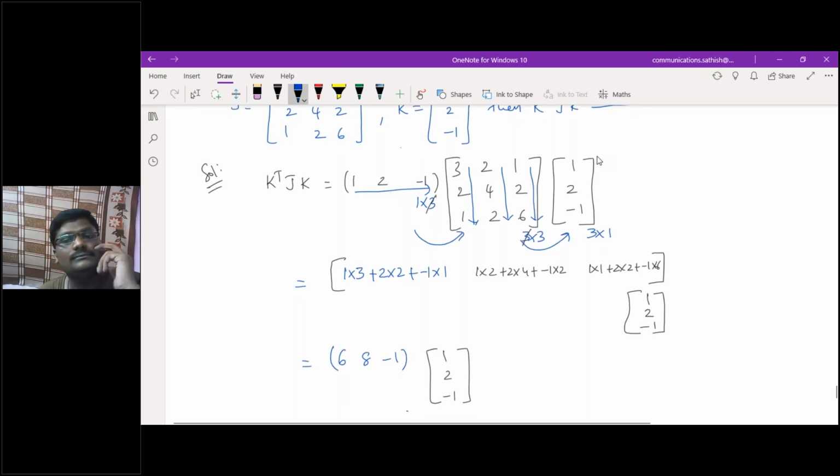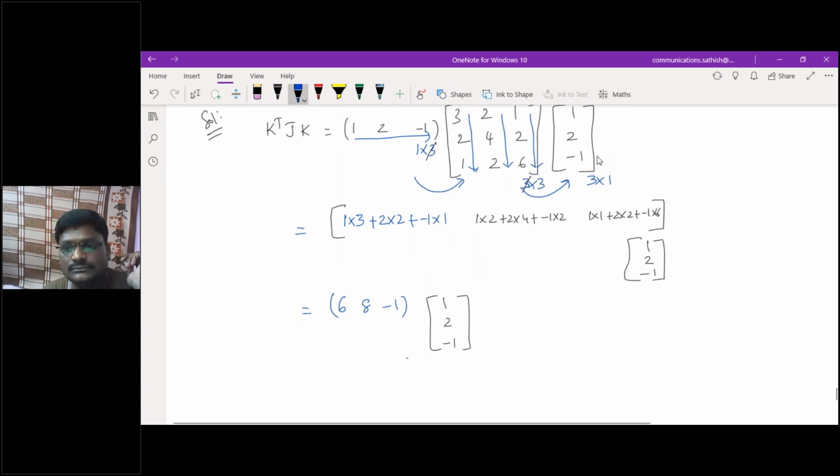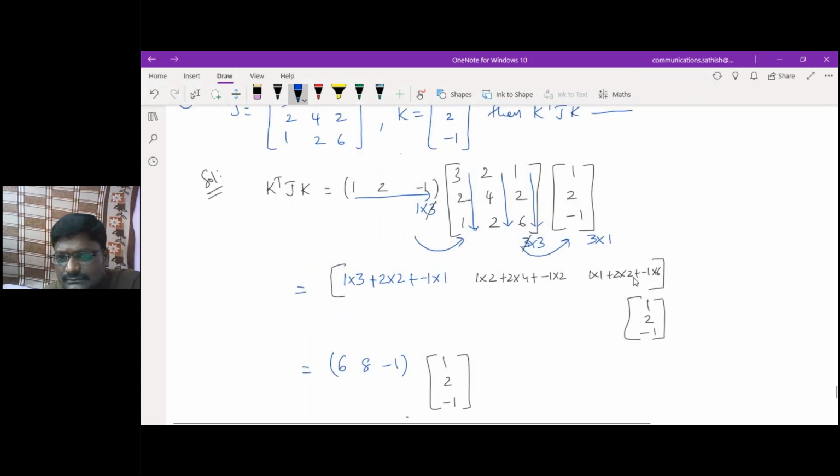Minus 9, sir. Sir, minus 9, not minus 1. Minus 9. Yes, sir. How? See, 1 into 1, 2 into 2, minus 1 into 6. This is 1 plus 4, 5, 5 minus 6, minus 1 only, right?